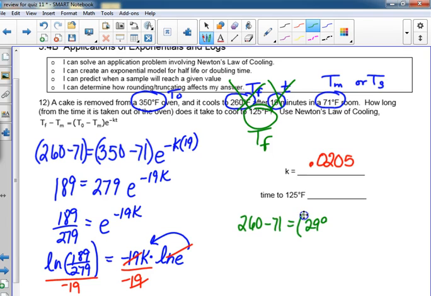I'm just going to put 279 on this side. Well, just kidding. Can't write that, but this side stays the same. The final temperature is only here, though.